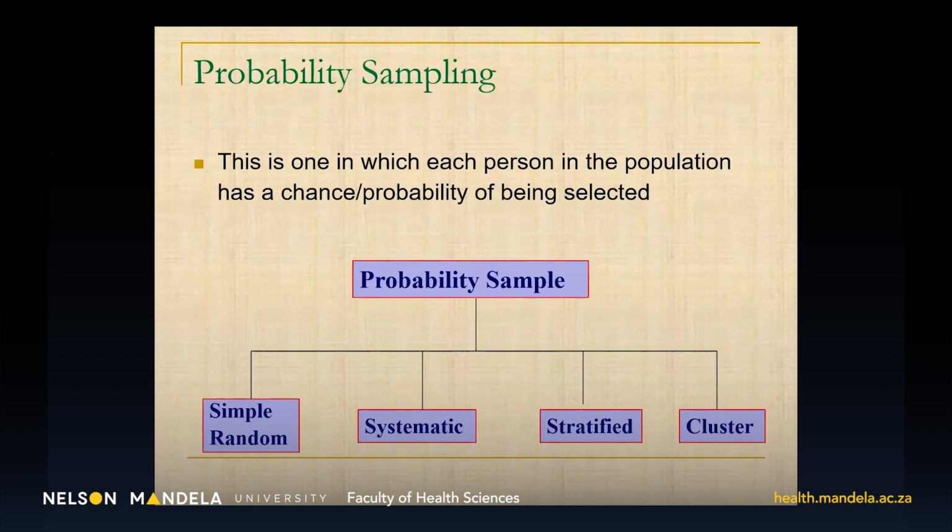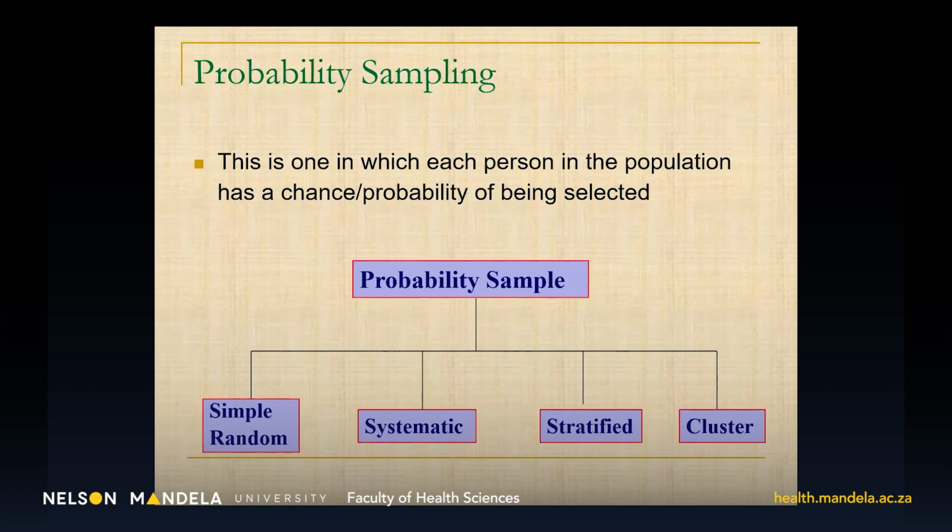So probability sampling now, I kept the diagram there for you. This is sampling in which each individual in the population has a chance of being selected. Each individual stands a chance of being selected. That's what we mean by probability sampling. And we've just stated the different types of probability sampling approaches: simple random, systematic, stratified, and cluster.